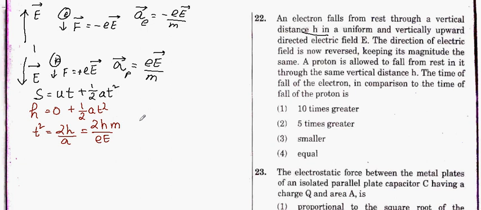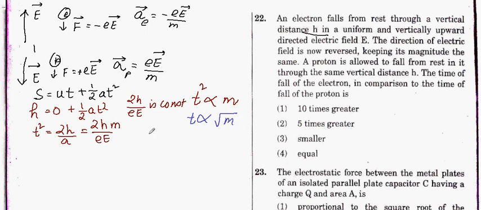Since 2h by eE is a constant term, we can write that t square is proportional to mass, or the other way, t is proportional to square root of mass.